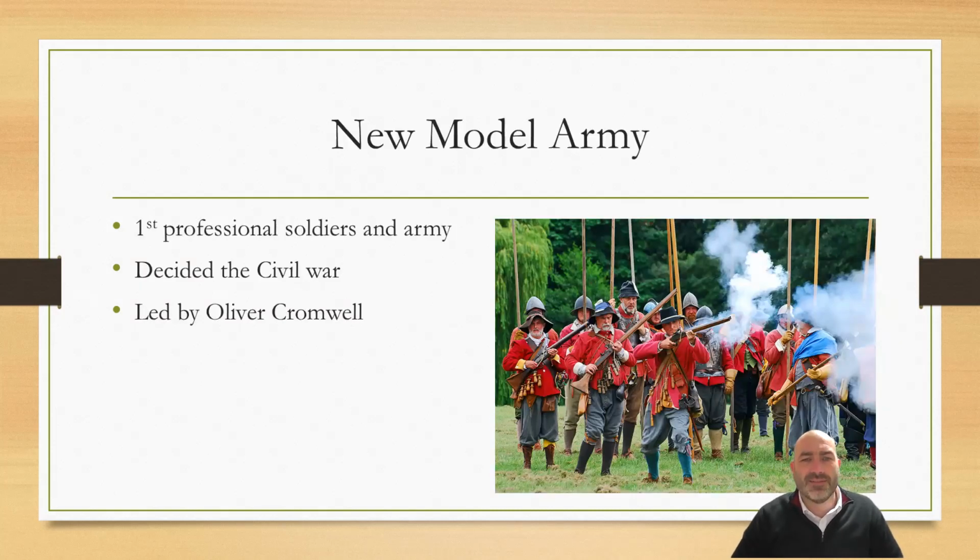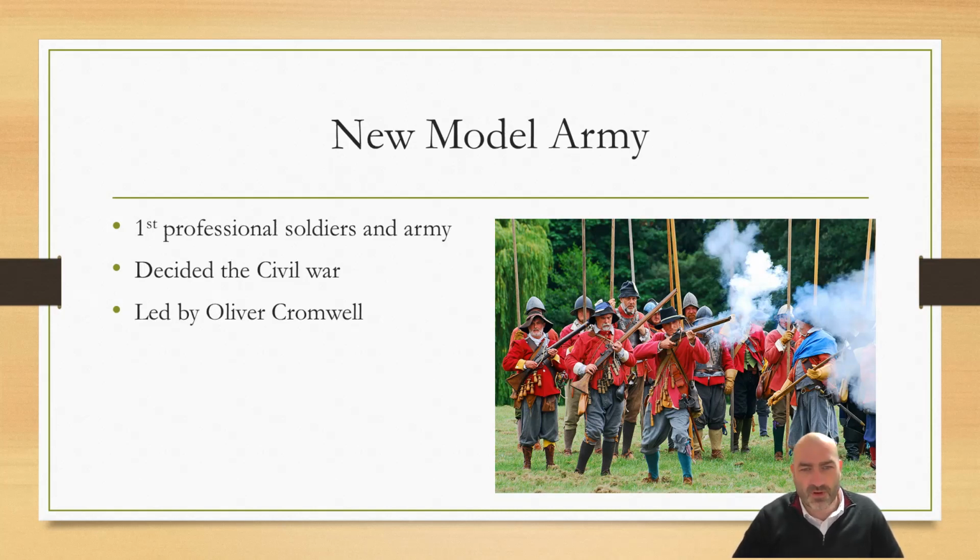One of the developments of this war for Britain was the creation of the New Model Army by the parliamentarians. If we look at this in terms of military history, this marked a major departure from the previous model of using militias, which are not professional forces, versus the professional standing army that now came into existence.